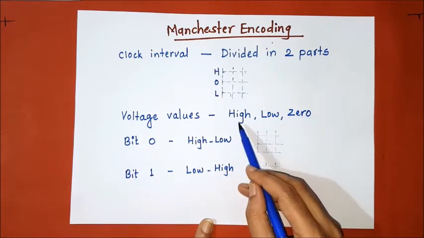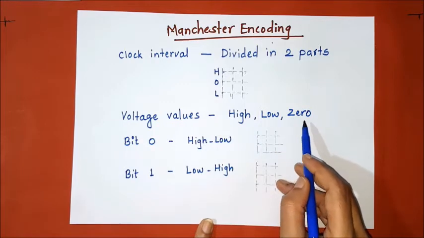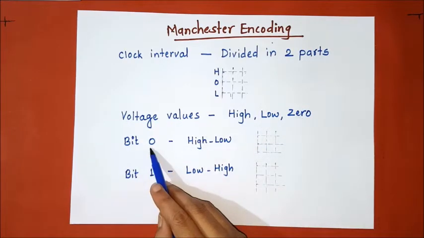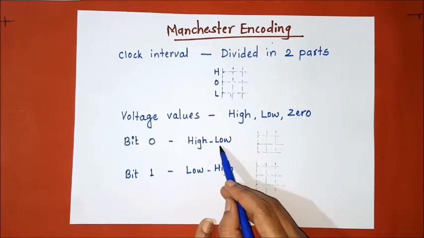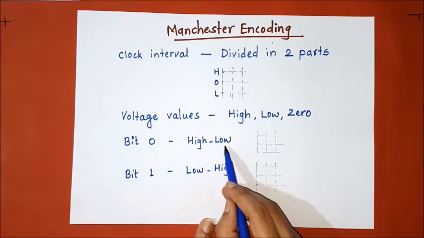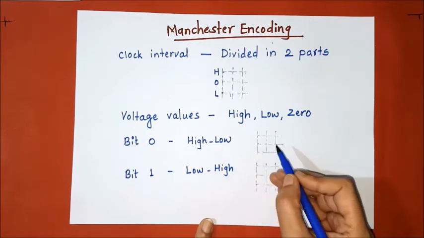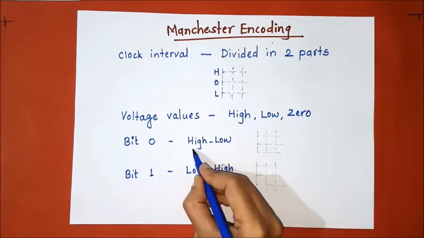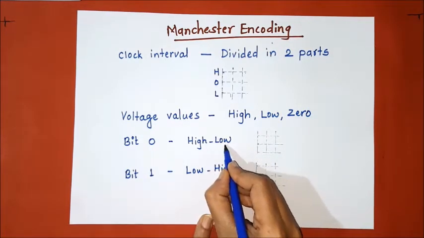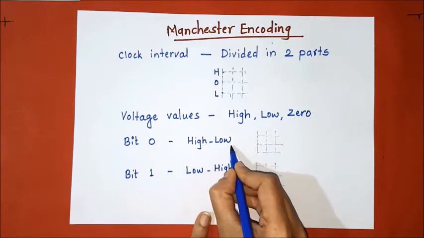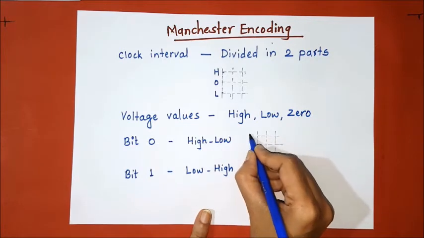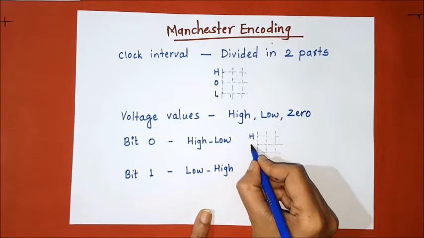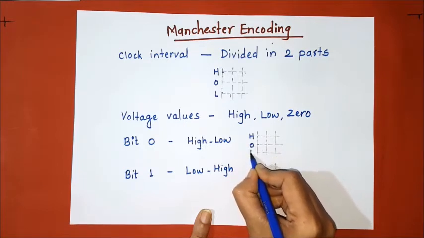So three voltage levels are used. To represent bit 0, a high-low combination of voltage levels is used. Means the initial part or first part of the clock interval is high and the second part of the clock interval is low. So this is the high voltage level, 0, low.